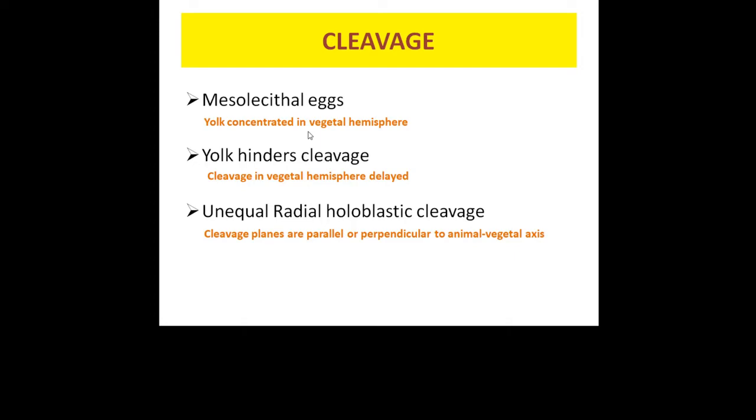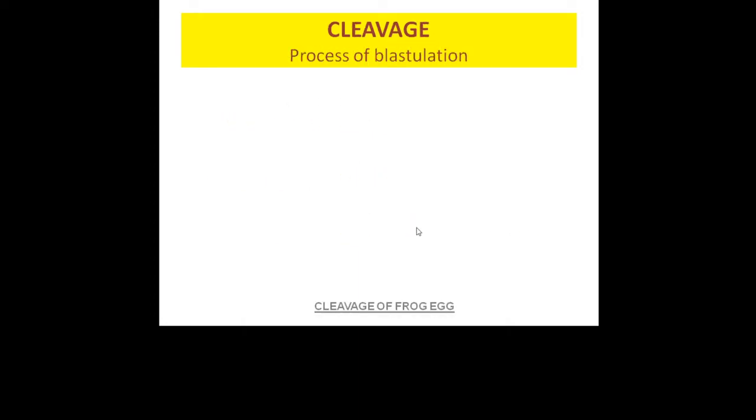So cleavage in the vegetal region is delayed compared to cleavages in the animal region, and that is why the cleavage in frog is unequal, radial, holoblastic. Unequal because the cleavage in animal and vegetal region are unequal because of differential presence of yolk in these two regions. Let's see the process of cleavage.